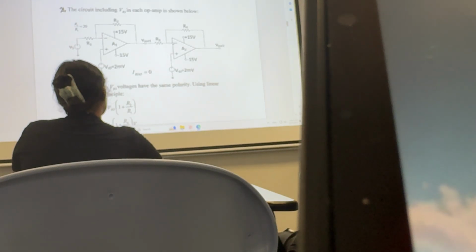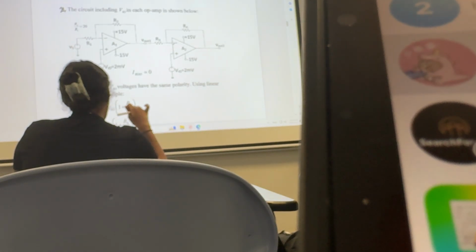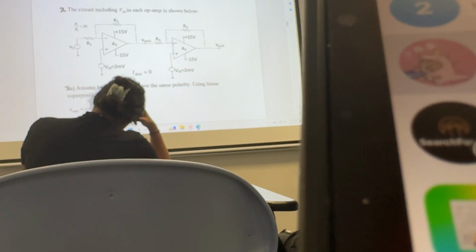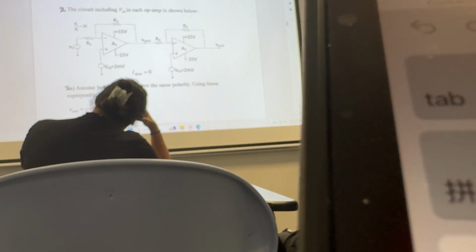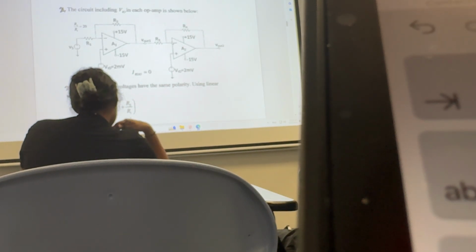So you get a negative offset. How about this one? This one is also a negative offset. So you can split into two terms. One term is the cascade gain, one is the second stage gain.